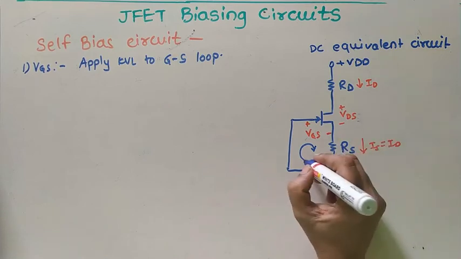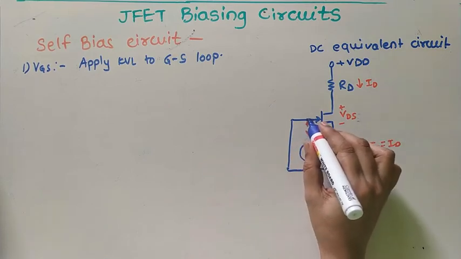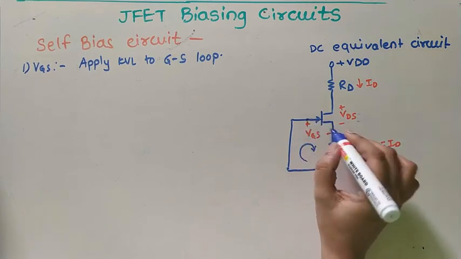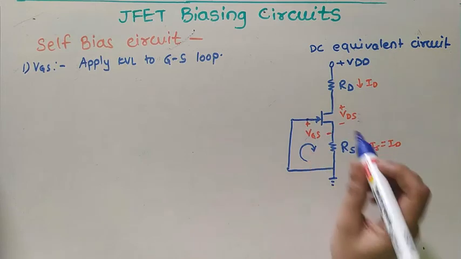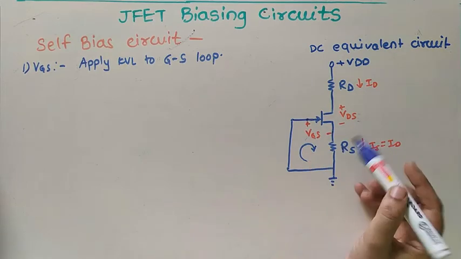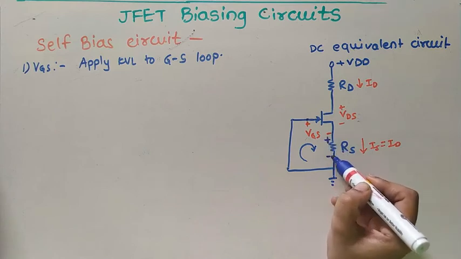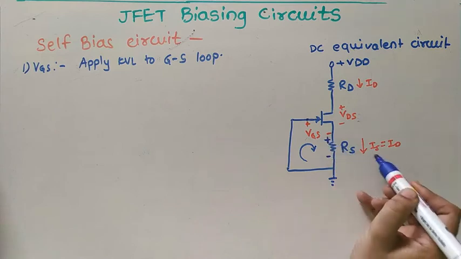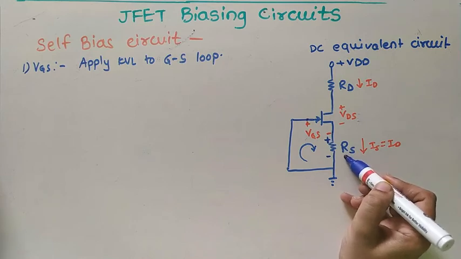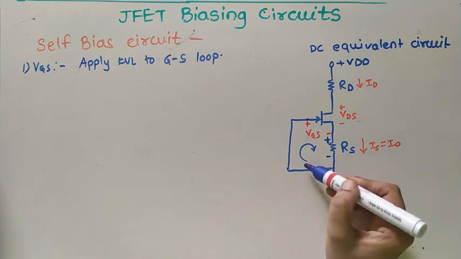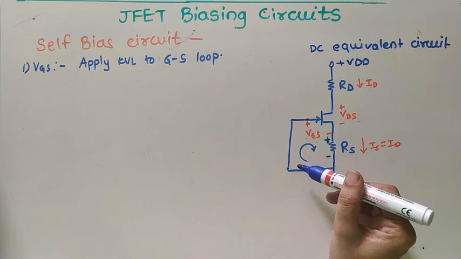So when we apply KVL, initially we are having the voltage drop between gate and source, that is VGS. Then we are having the resistance connected, and across this resistance we are having the voltage drop, that is ID into RS, and then our loop will be completed and it will be equal to 0.